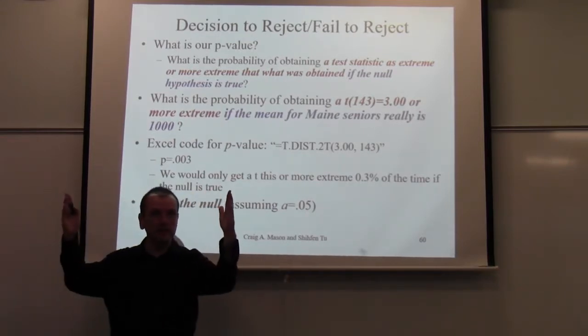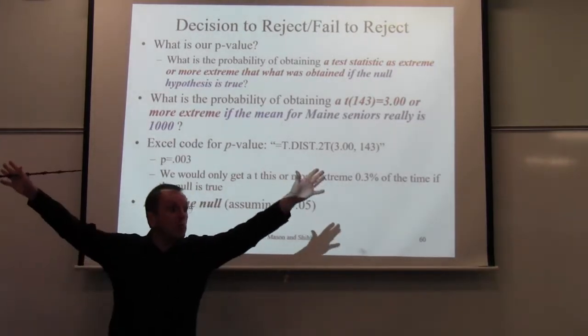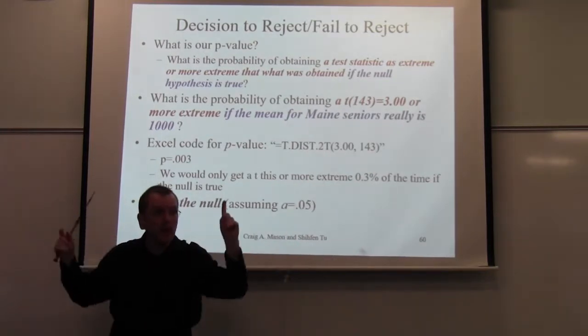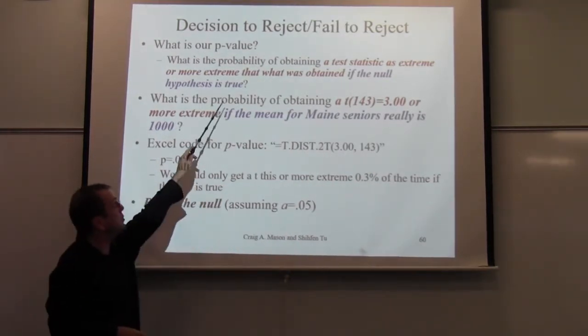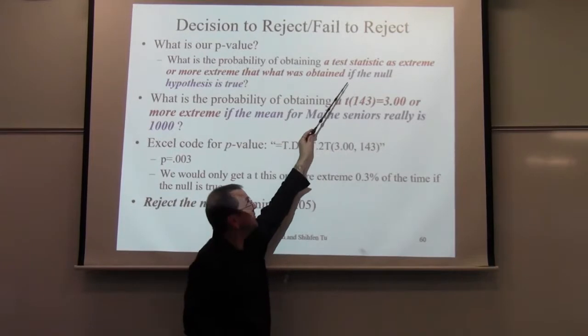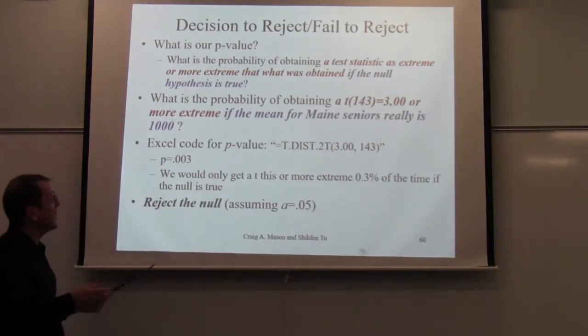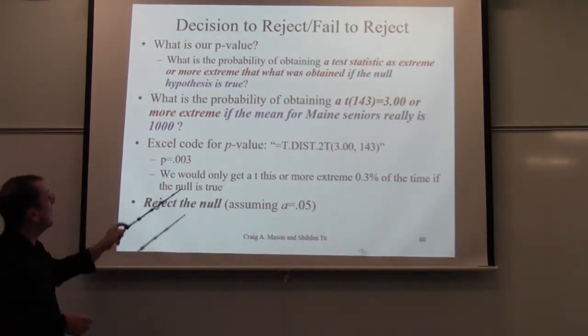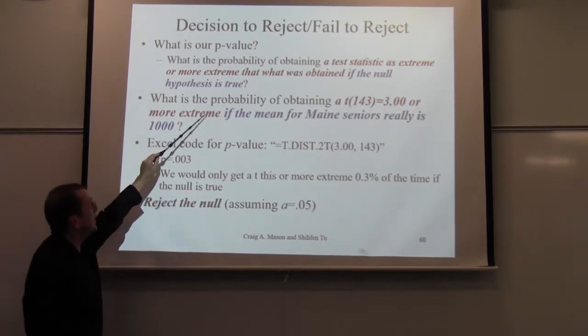So here's my test statistic, that extreme or more extreme, if the null is true. Those are two important points, so I even wrote them in different colors to make that clear. That's conceptually.